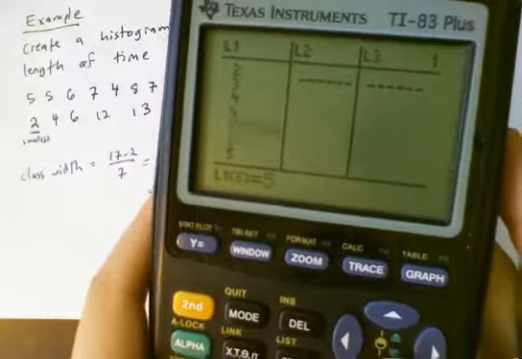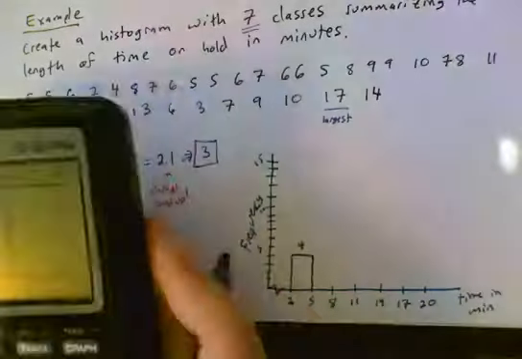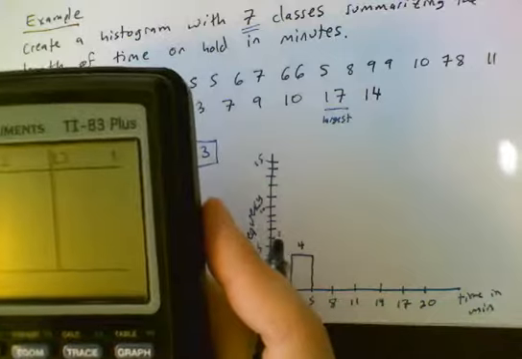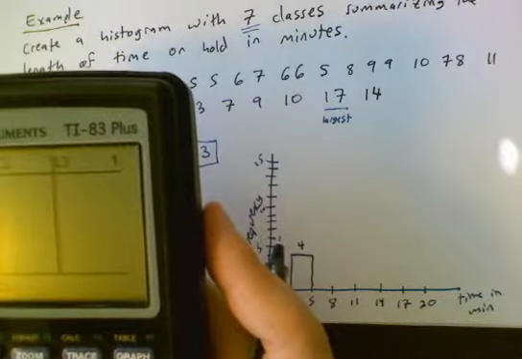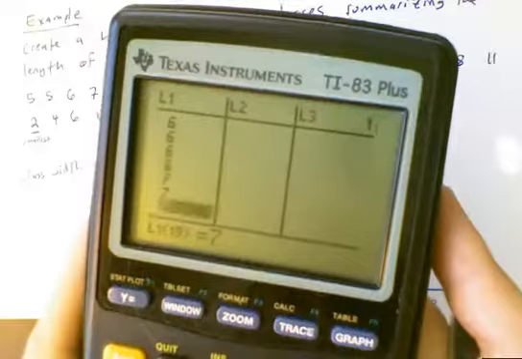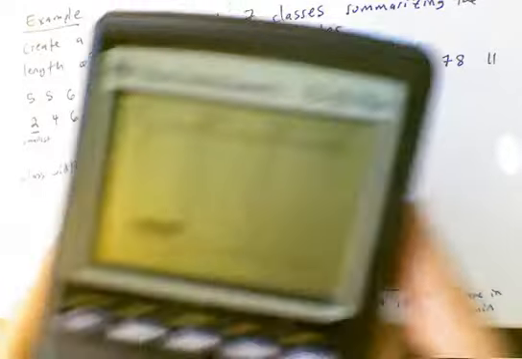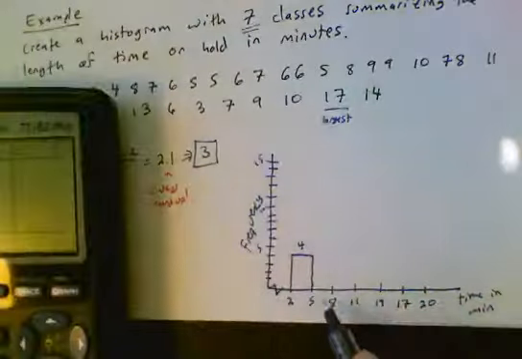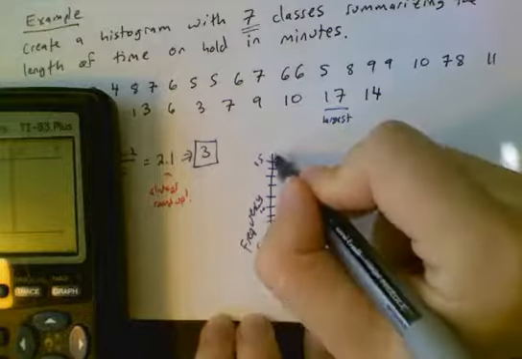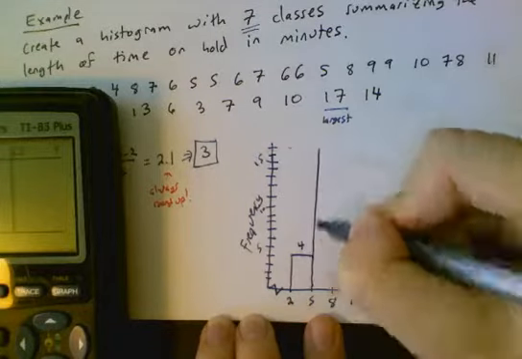Now let's see, there's 1, 2, 3, 4, 5, 6, 7, 8, 9, 10, 11, 12, 13, 14, 15, 16, 17, 17 between 5 and 8, not including 8, so I'll make this a little higher.